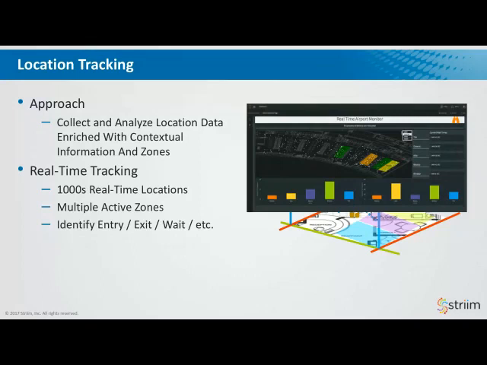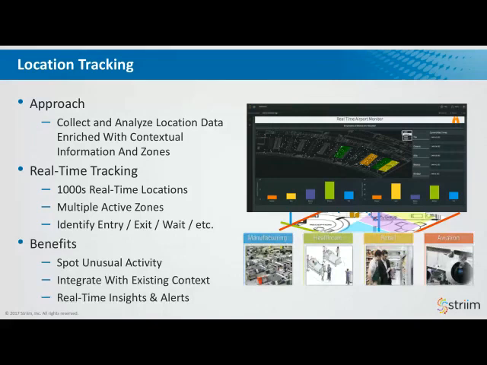The purpose was that if too many people were waiting in one particular area, maybe in ticketing, then you could automate sending more staff to that area to deal with them. And also if people walked out into an area they weren't supposed to go to, into a secure area, then you could spot that immediately and send someone there as well. But location tracking is generally a useful thing.